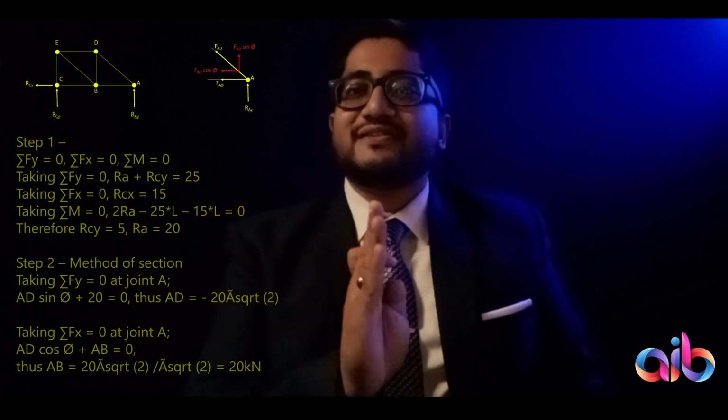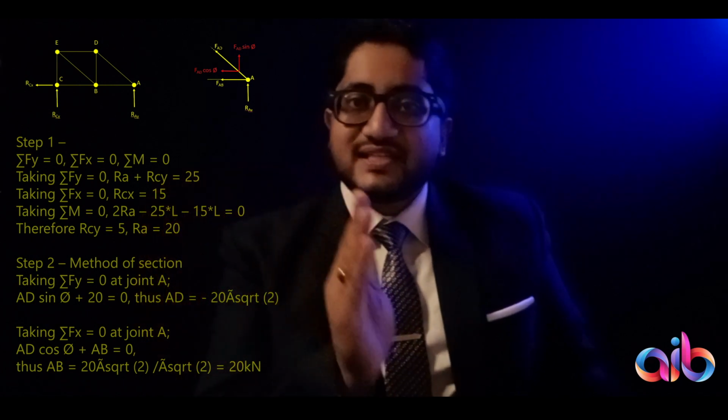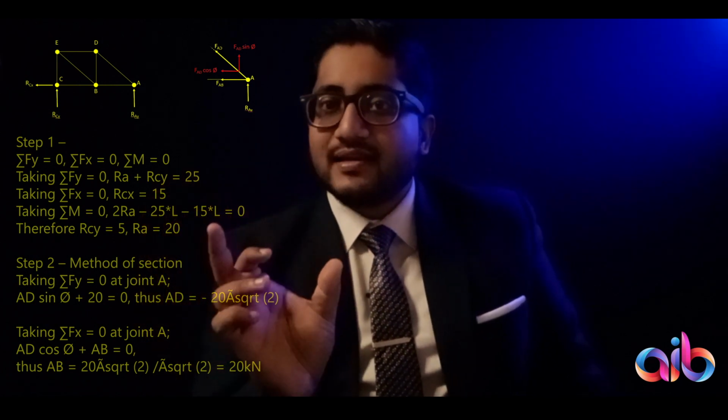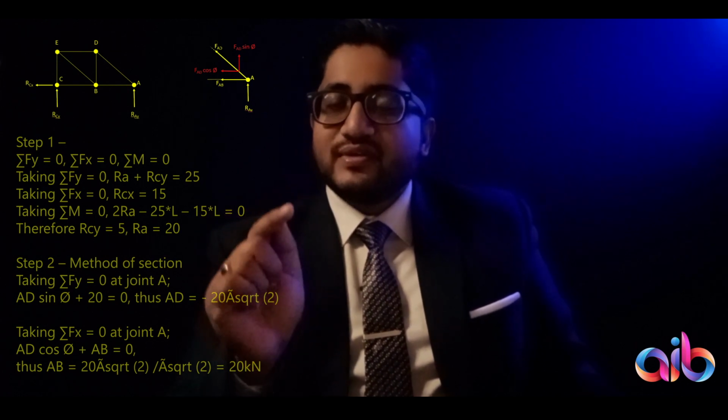So here I have taken the distance at which the reaction force is acting from the point C, which is 2 times L, because L is the length of each member and there are 2 members which connect A to C. So the distance is 2L, and that's how I have considered 2 times length into the force. So F into 2 times the distance gives you an anti-clockwise moment.